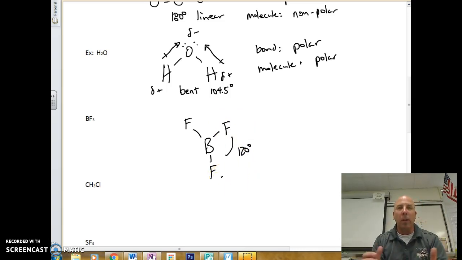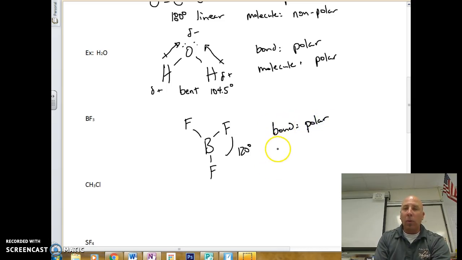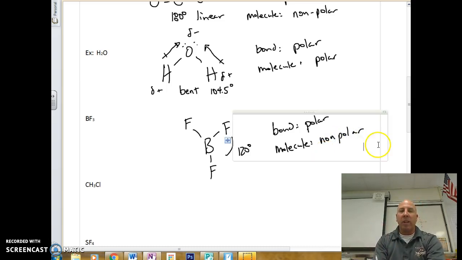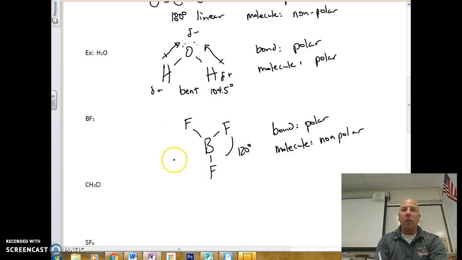We know that they're going to be pulling, but they're all pulling in equal and opposite directions, much like carbon dioxide. So again, the bond in this molecule is going to be polar, but the overall molecule is going to be nonpolar because, again, this nice symmetrical molecule, those equal and opposite charges cancel each other out.